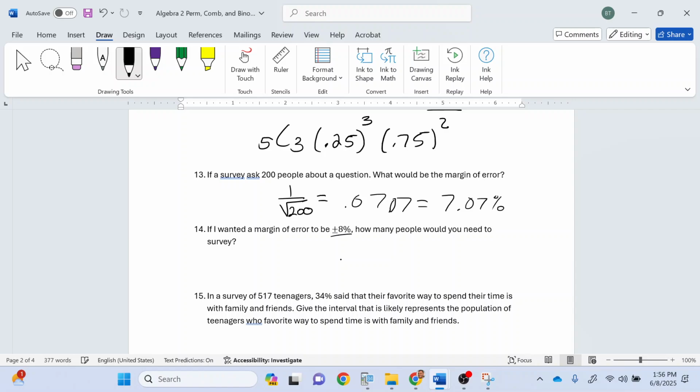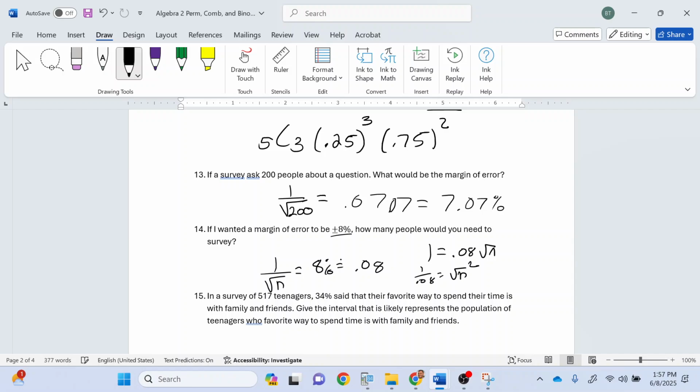All right, I want the margin of error 8%. So this one I also am shocked people couldn't handle because it's just straight up algebra. Why can't you do this? It's 8%, but I can't use 8% because I'm doing math, so it's going to be 0.08. So I need to get n on the other side. So I'm going to do 1 equals 0.08 square root of n. I'm going to divide 0.08 on both sides. 1 divided by 0.08 equals the square root of n.